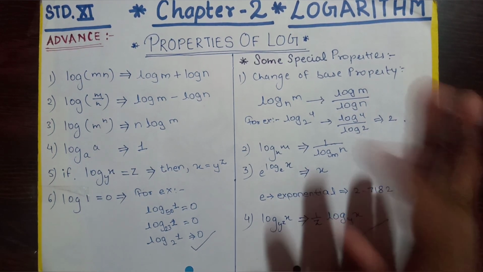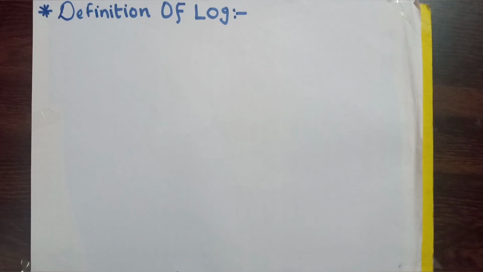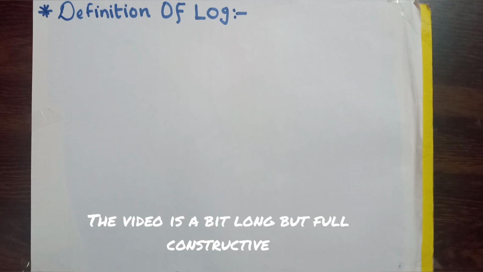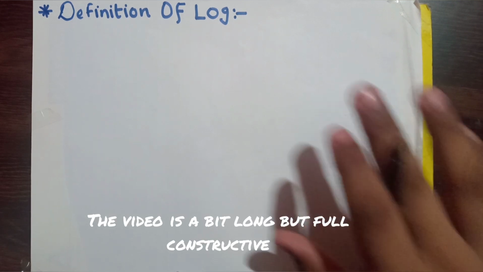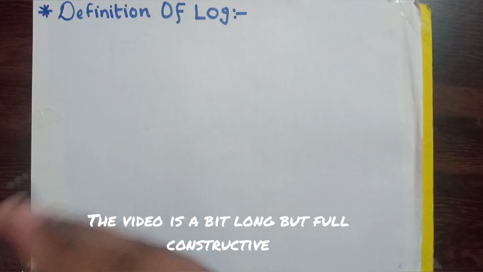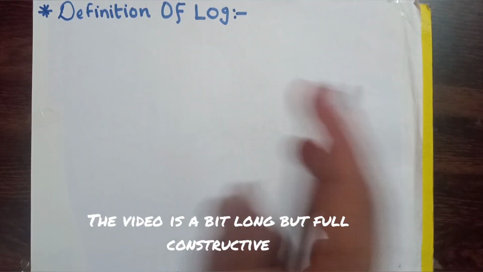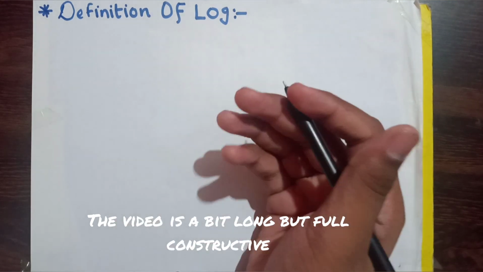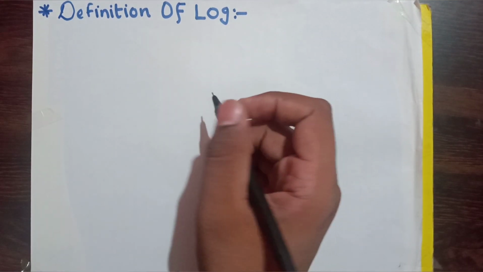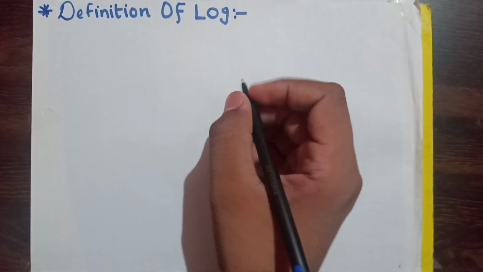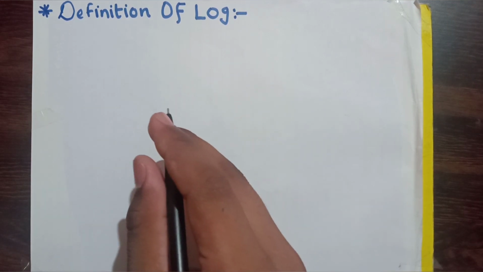Now we'll see the definition of logarithm. Friends, till now we have covered the properties and how we can read them, and which things are to be kept in mind while solving logarithms. But now we are going to see the definition of logarithm.